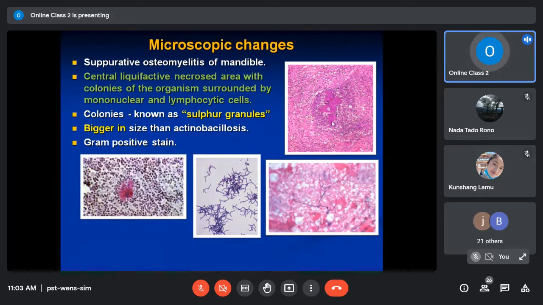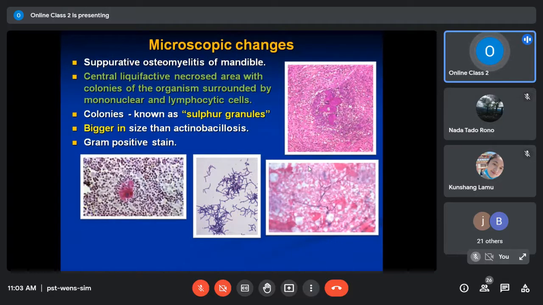This area is surrounded by many inflammatory cells, as in the actinobacillosis granuloma, mainly mononuclear and lymphocytic cells.